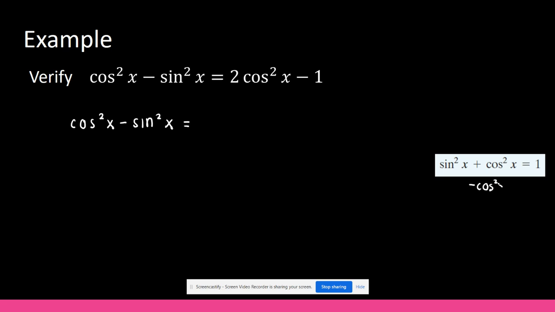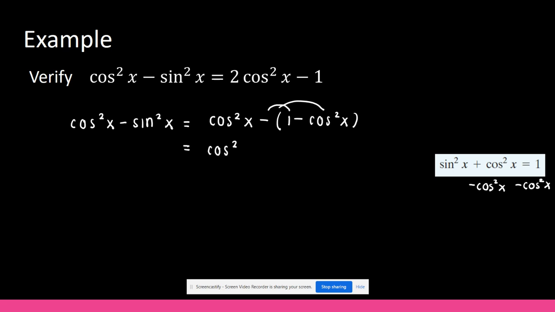I once again want to subtract cosine squared of x over to the other side. So I'm going to leave the cosine squared of x term minus, but now in parentheses, I'm replacing sine squared with 1 minus cosine squared of x, because we were able to use that Pythagorean identity and essentially replace it with its equivalent piece.